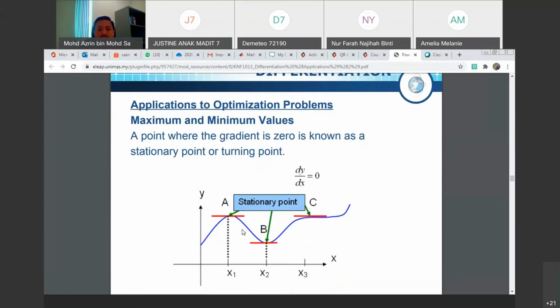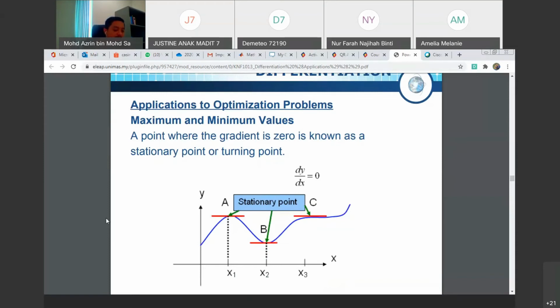So when dy over dx is 0, whereas the slope of the gradient is 0, it means that it is in the stationary point or in a turning point to another minimum or maximum value. So it's starting to be maximum and then going to be minimum, and also maximum and minimum value.